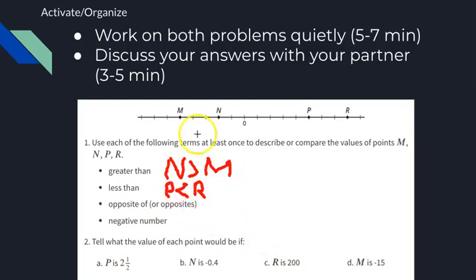Remember, opposites are the ones that have the same digit. One is positive, one is negative. That's M and P. Because M is at -5 and P is at 5. And negative number. Yeah, you could use M, you could use N, whichever ones you wanted. Okay.